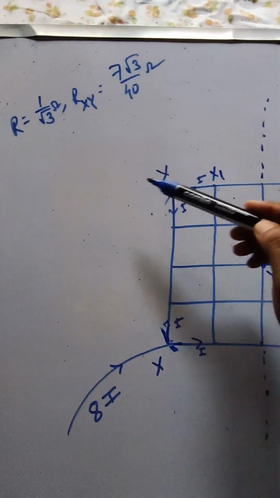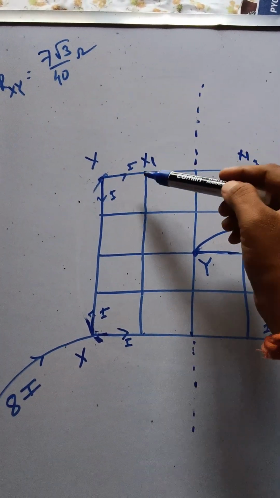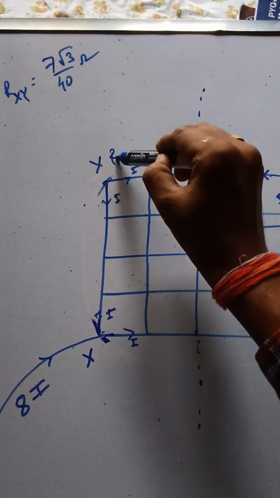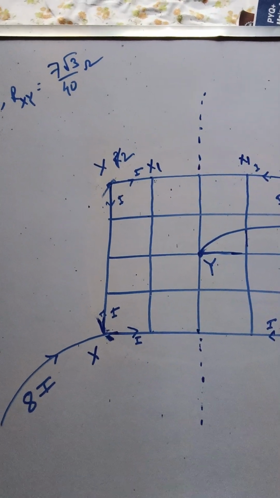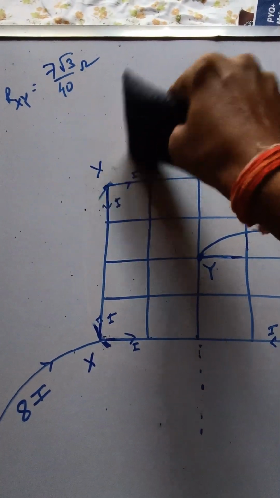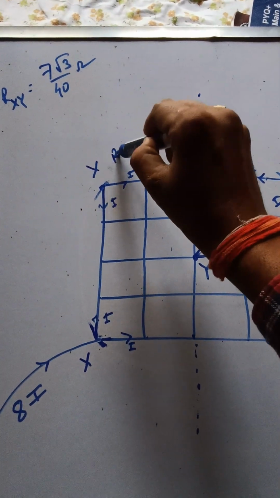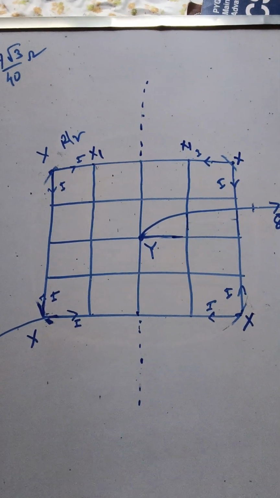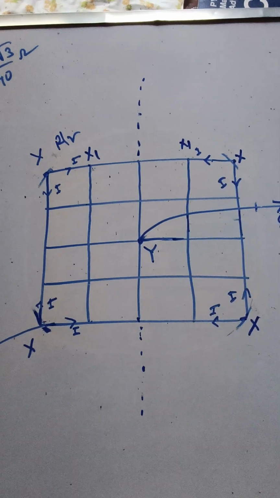So if this is R, R is given, then now the resistance of this wire is R by 2. Now remove all the part except this line.